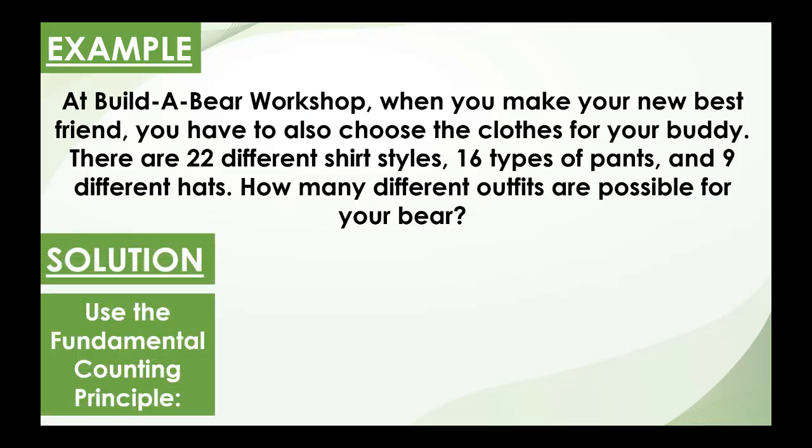So, we're going to use the fundamental counting principle. There are 3 actions that we have to take. We have to choose a shirt, pants, and hat. So there are 22 different choices for the shirts, 16 different types of pants, and 9 different hats.